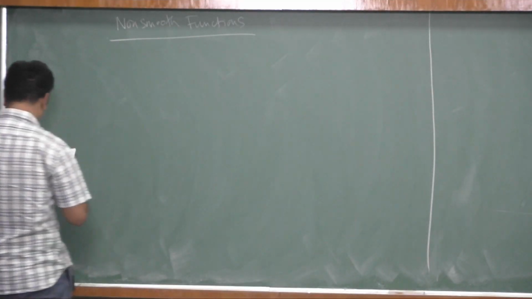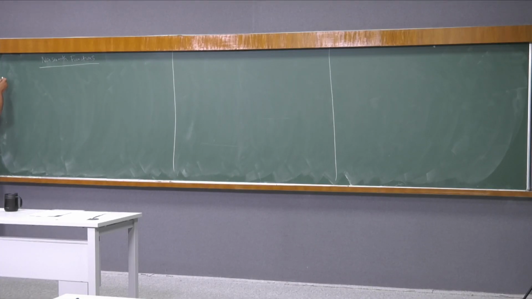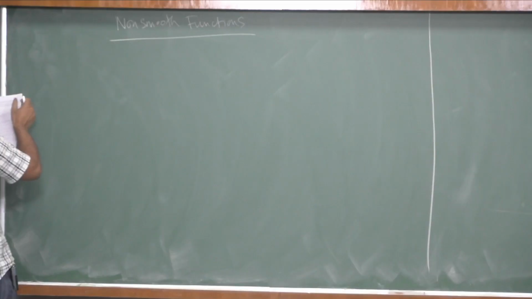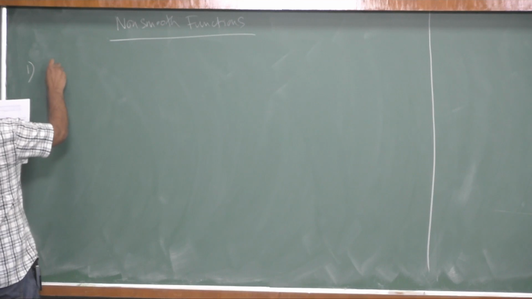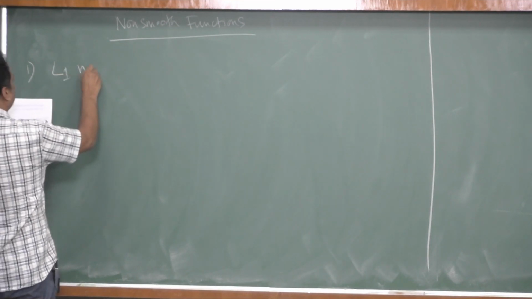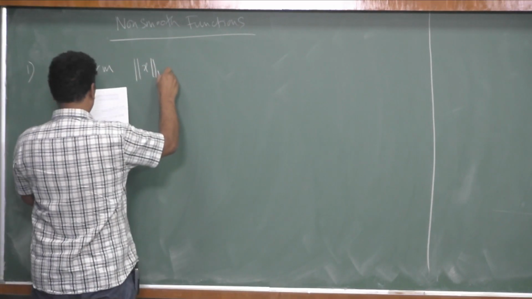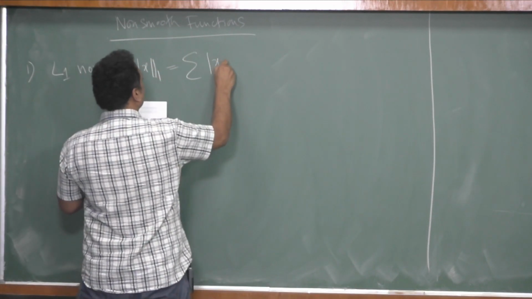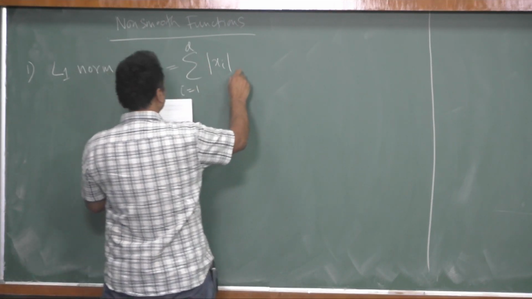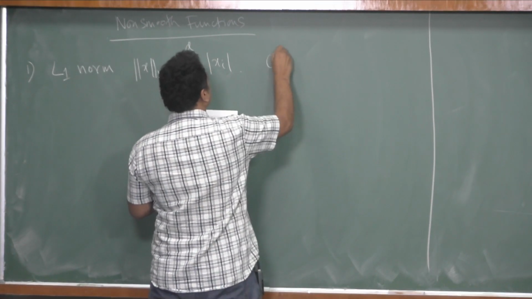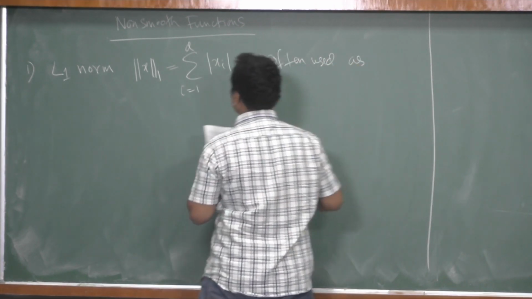To give you an example for non-smooth, there are many ways, but let us say some examples are, for instance, when I use L1 norm, sum of mod of xi, i equals 1 to d, and this is often used as a regularizer.